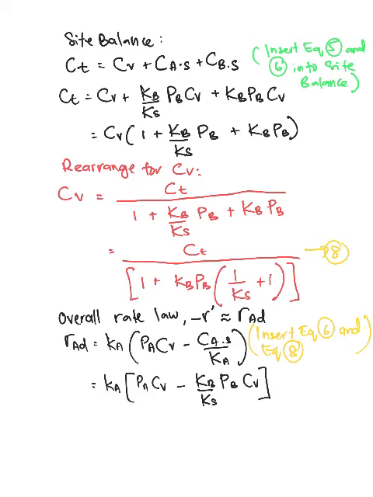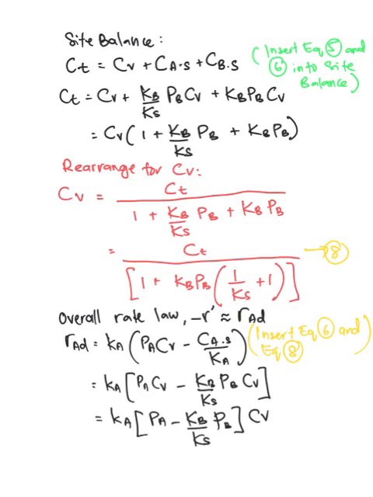Then we factorize Ka Pa minus Kb per Ks Pb, then take out Cv. In the previous equation, I missed Ka, so there must be Ka. Then we move to the overall rate. Finally, insert Cv.